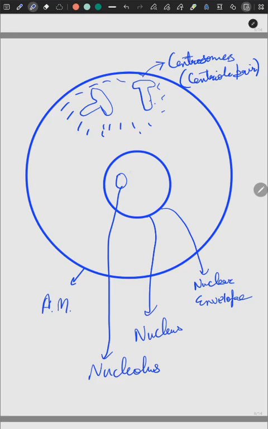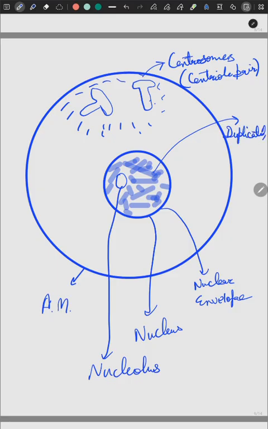Now inside of the nucleus there are chromosomes. These chromosomes are duplicated, but they are not condensed.